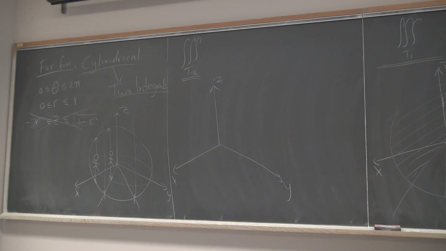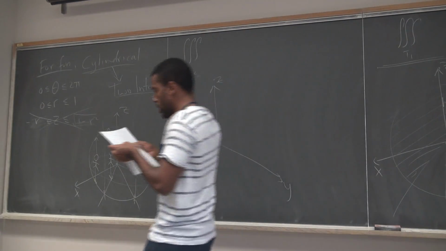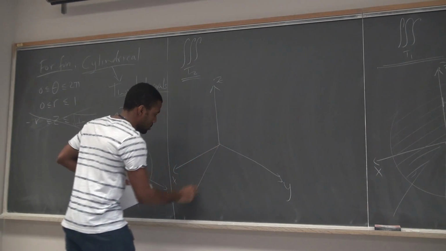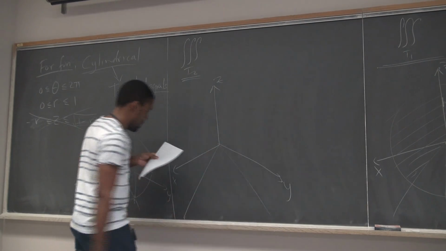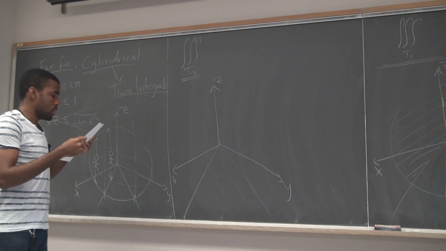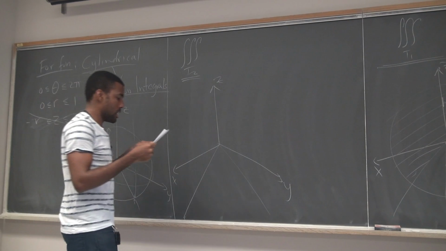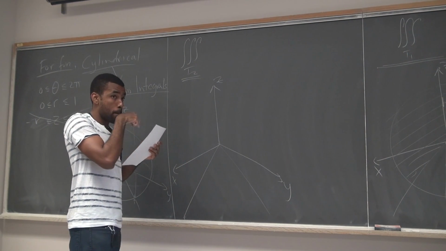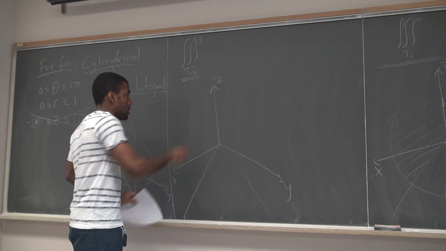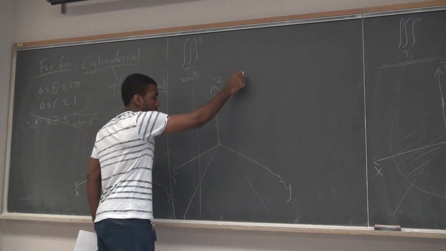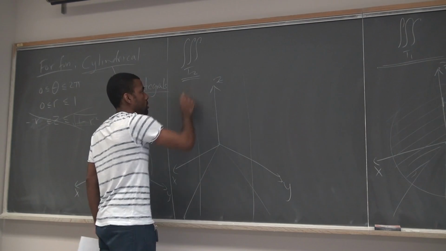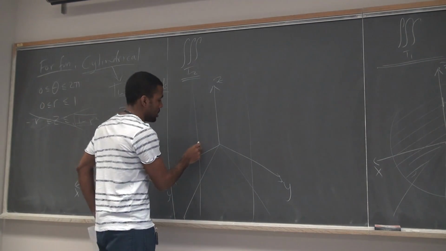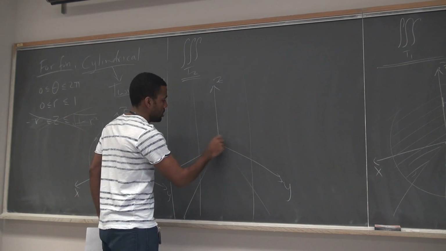I described T2 as the region above that same cone, right? So I'm going to draw that negative cone again. Below the xy plane, but inside x squared plus y squared equals 1 is what? It's a cylinder running along the z-axis, a circular cylinder, and I need to be below the xy plane. So here's my xy plane.